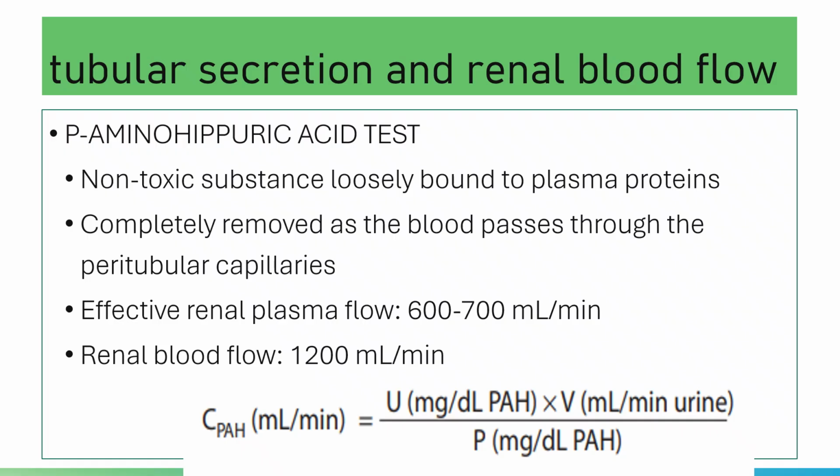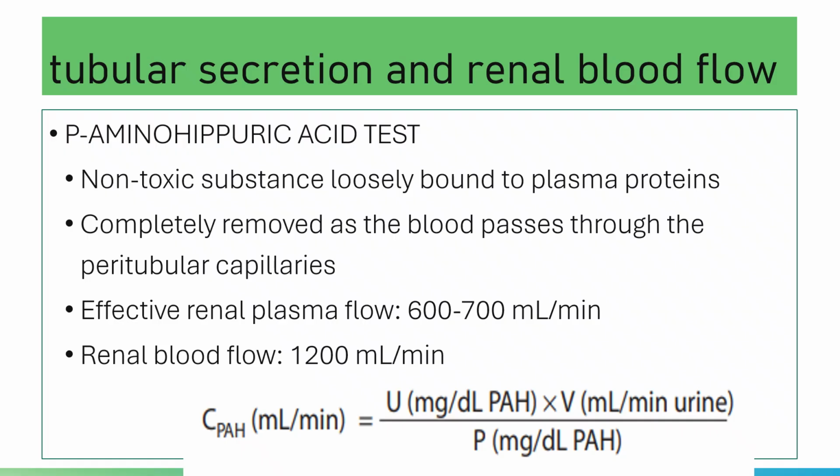The major disadvantage of the para-aminohippuric acid test is that it is an exogenous substance. The para-aminohippuric acid is completely removed as the blood passes through the peritubular capillaries.